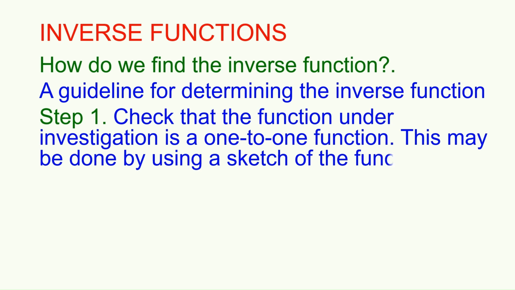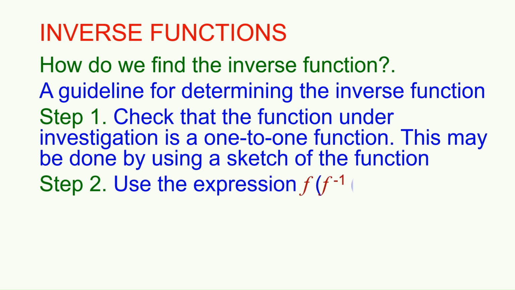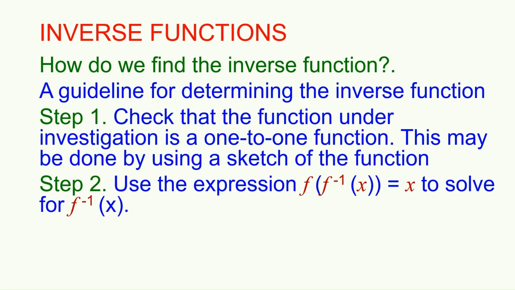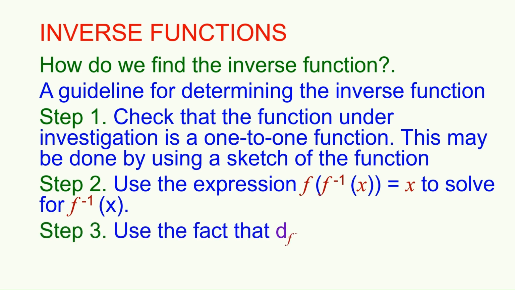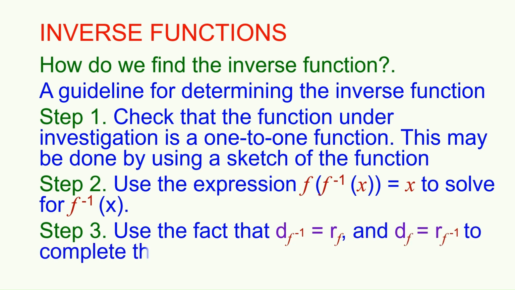Step 2. Use the expression f of f inverse of x equals x to solve for f inverse of x. Step 3. Use the fact that the domain D of f inverse equals the range R of f, and the domain D of f equals the range R of f inverse, to complete the problem.